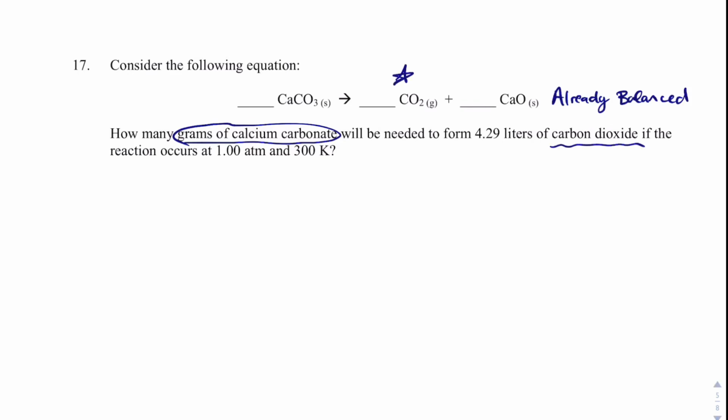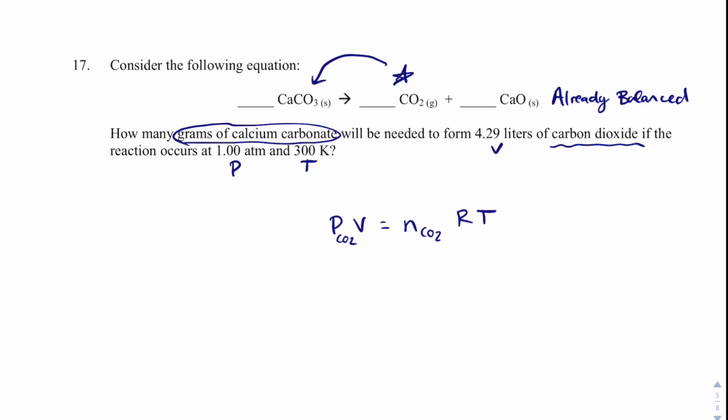So we're asked to solve for grams of calcium carbonate, but we're only given information on carbon dioxide. So what we need to do is mole bridge to calcium carbonate and then go from moles to grams. However, we're just given volume, temperature, and pressure, so the only way I know to get to moles of carbon dioxide is to use PV equals nRT.